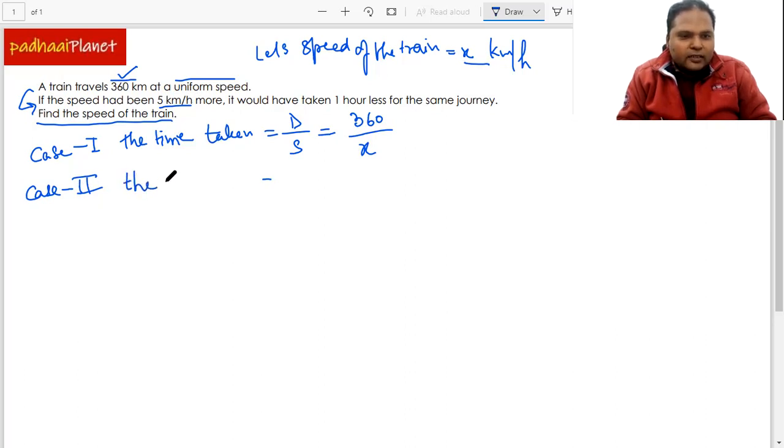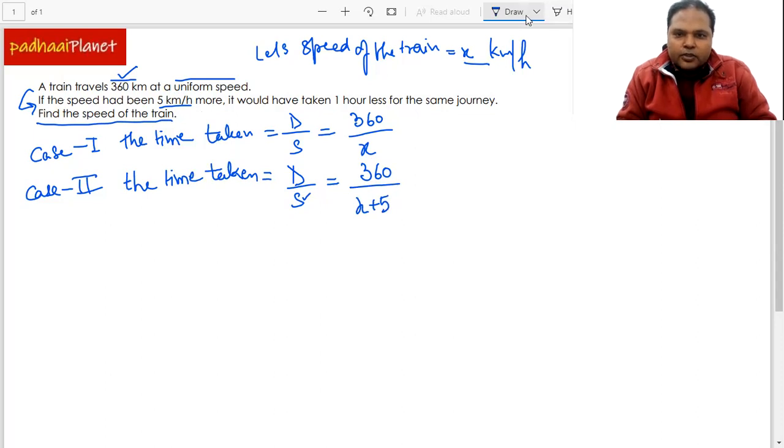The time taken is equal to d upon s, that's the formula. And here the distance is the same, that is 360 kilometers, but the speed is changing. Instead of x, it's x plus 5.